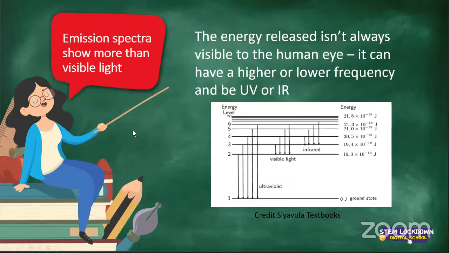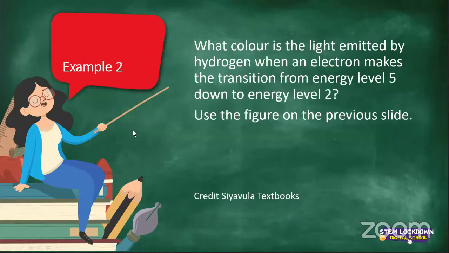Okay, so our last example for today. They tell us: what color is the light emitted by hydrogen when an electron makes the transition from energy level 5 down to energy level 2? Use the figure on the previous slide. So we're jumping from 5 to 2, what is the color? They basically want us to find the frequency.